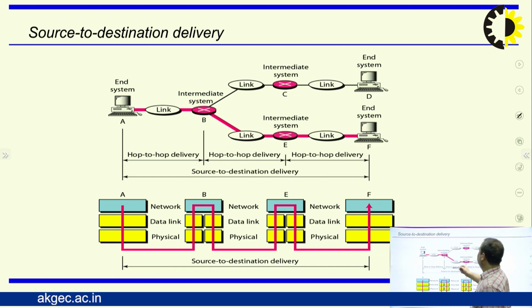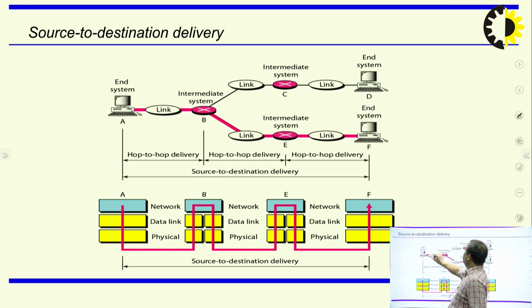Just see, this is the sender, this is the receiver, and this is a router, this is another router. To communicate from A to D, this is hop to hop delivery, source to destination delivery.